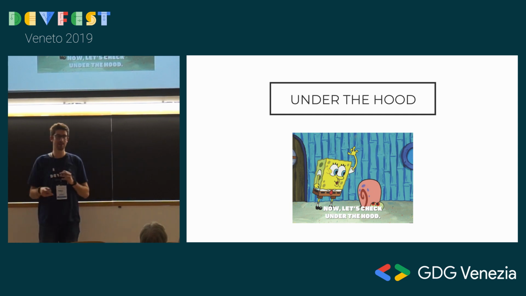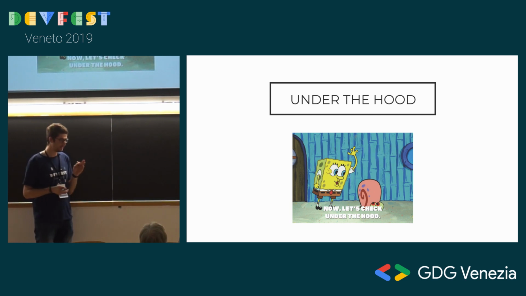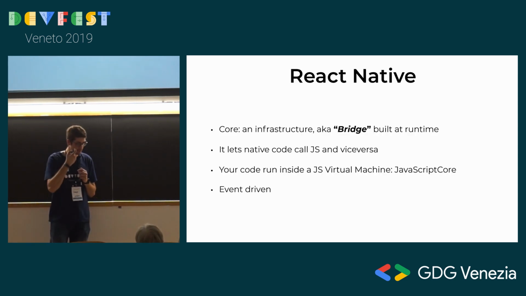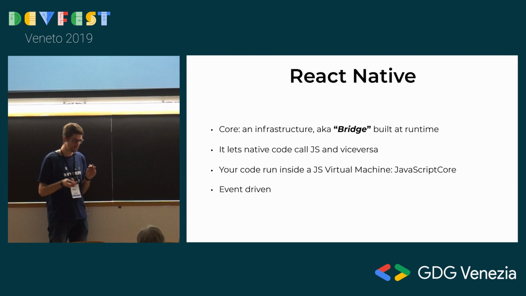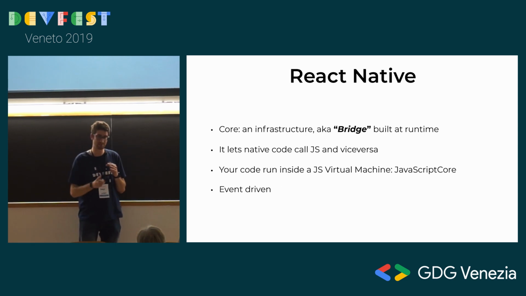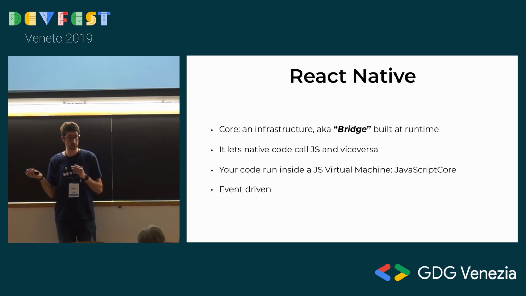Enough talking about UI. Now let's move under the hood to understand how these frameworks work. And we start with React Native. In React Native, there is an infrastructure that is built at runtime, and the name of this infrastructure is Bridge. Basically, it is a bridge between the JavaScript part and the native part, and it sends events between the two sides.